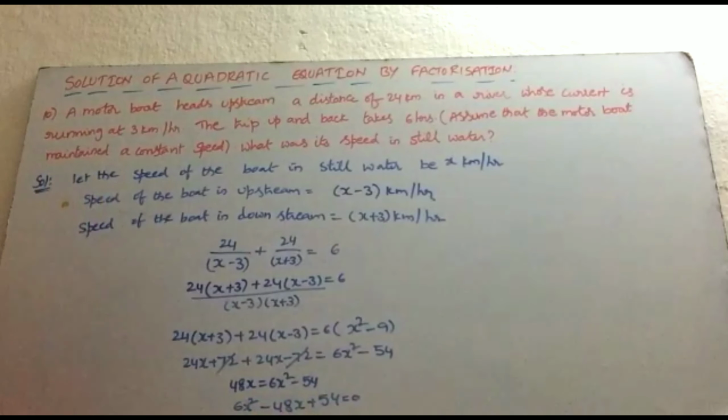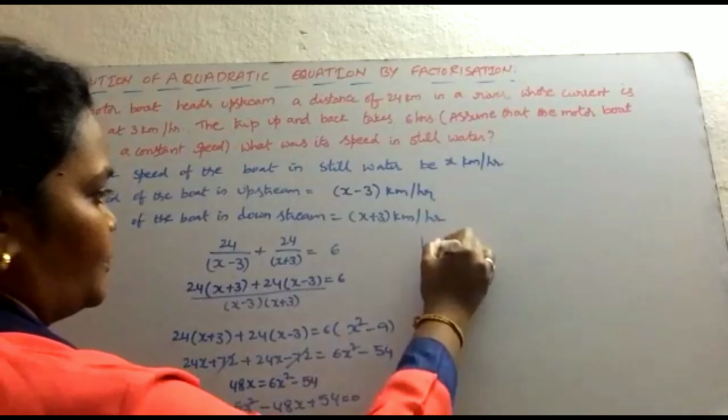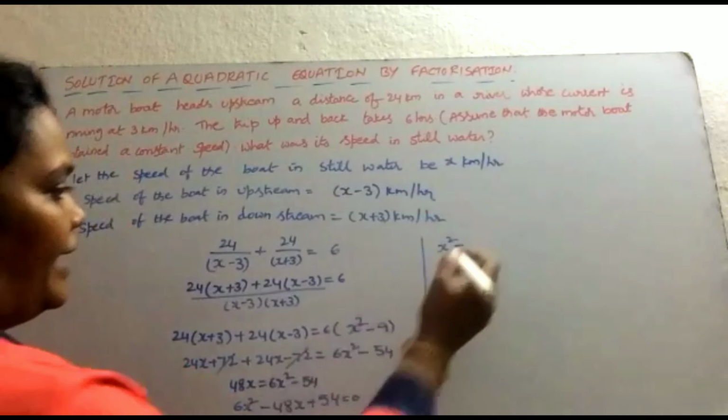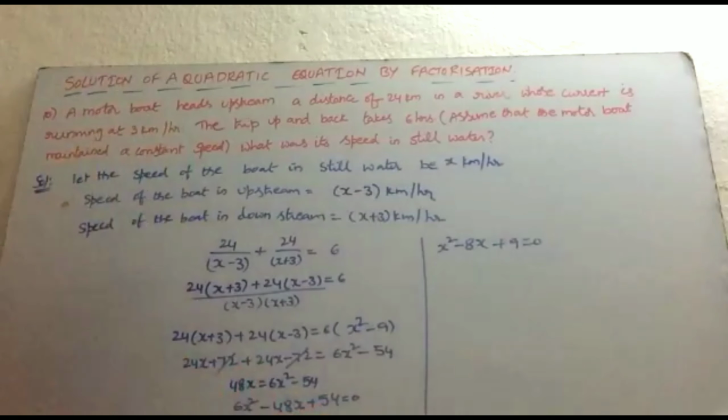Now this is in the form of a quadratic equation. Now we will find the factors of this 54. Now I will cancel 6 for all in this equation. So x square minus 8x plus 9 equal to 0.